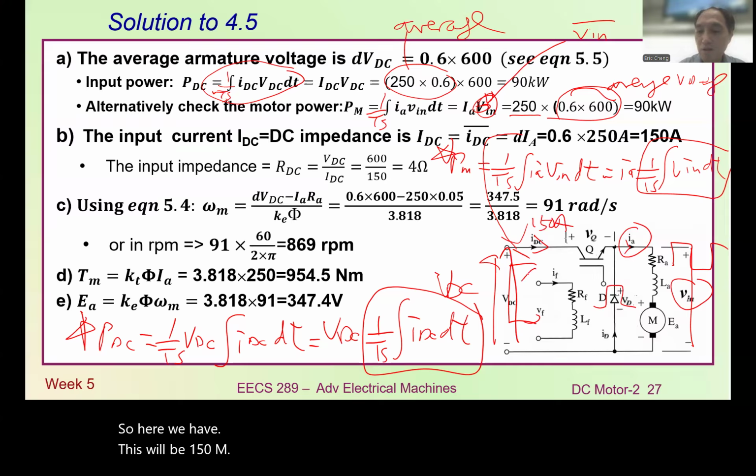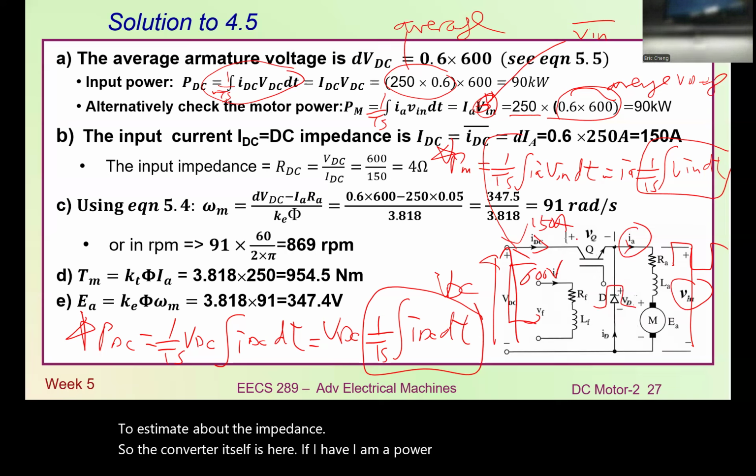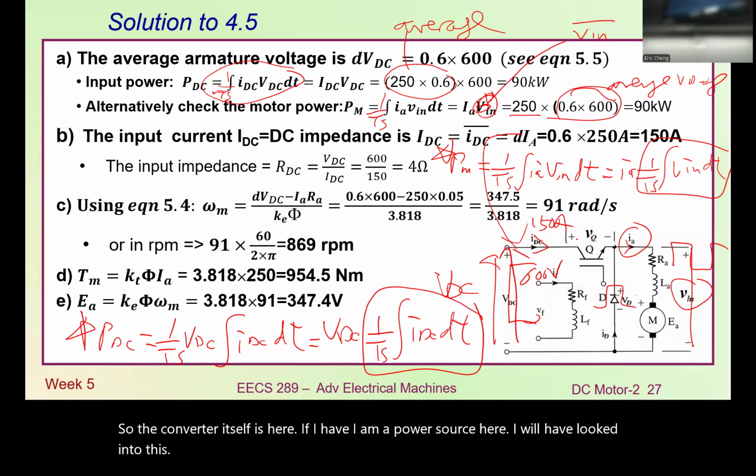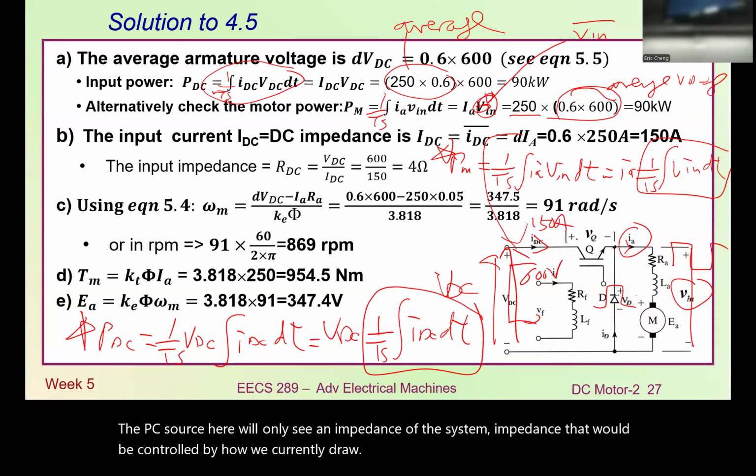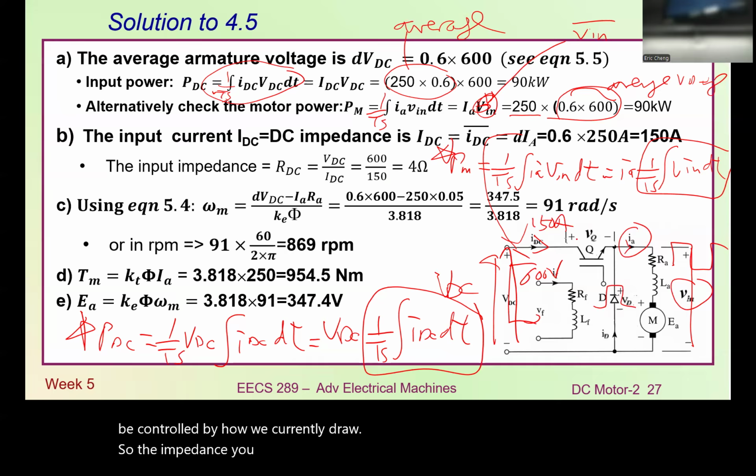This was 600 volt. So we can use this voltage and current to estimate the impedance. So for the converter itself here, if I am a power source looking into this circuitry, the DC source will only see a resistive impedance, controlled by how much current we draw. So the impedance you can see here is just this voltage divided by this current.